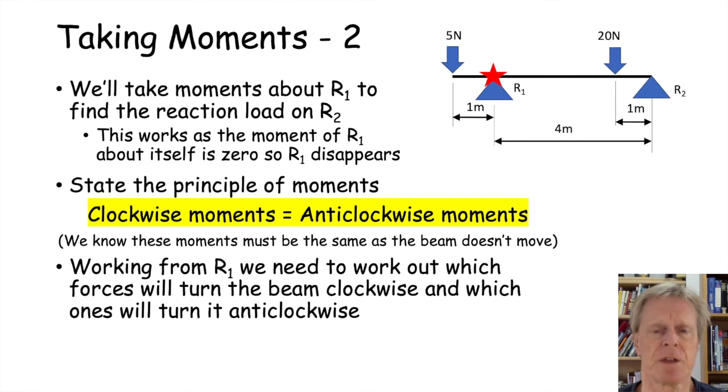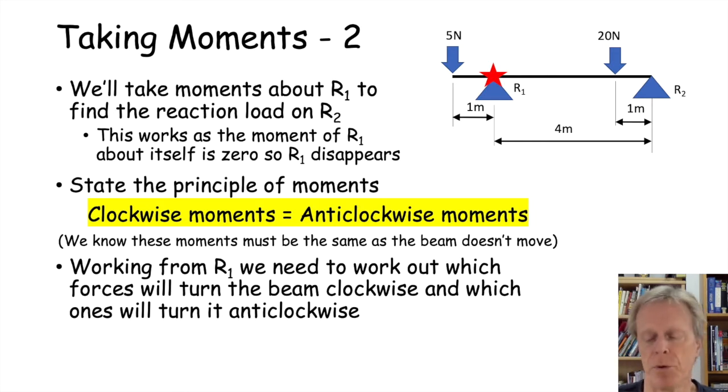The second thing we do is to state the principle of moments, and then working from the left-hand side, we work across the beam, working out which way each of the moments is pushing the beam, whether it's clockwise or anti-clockwise.